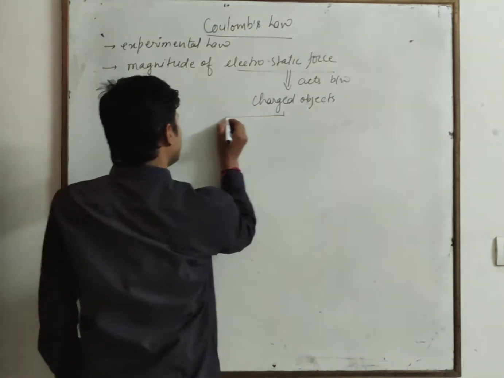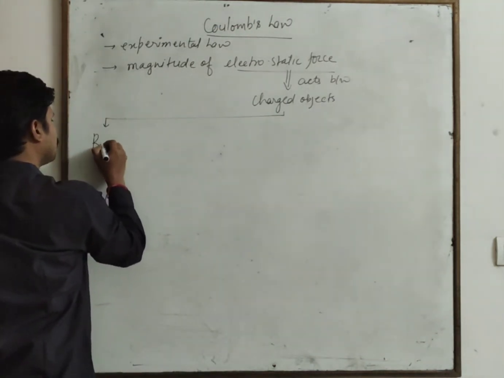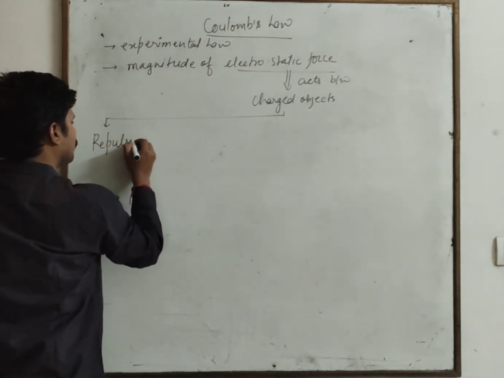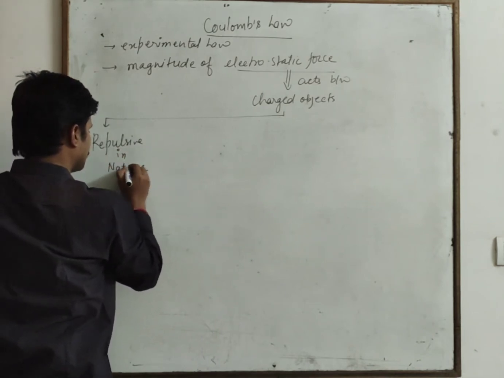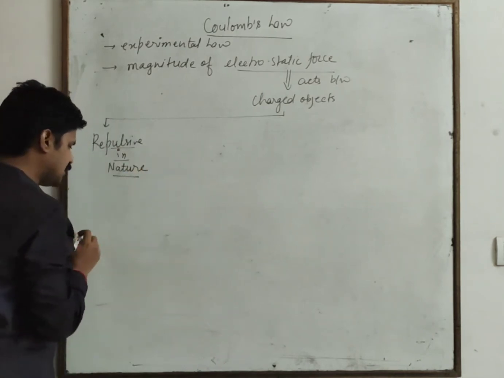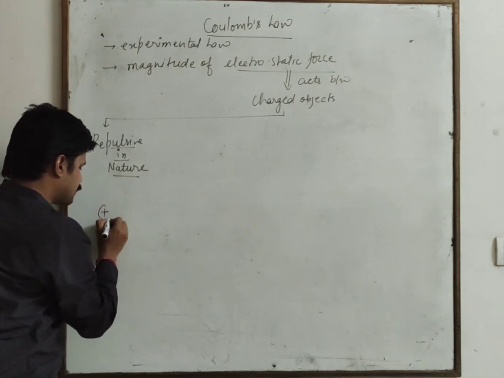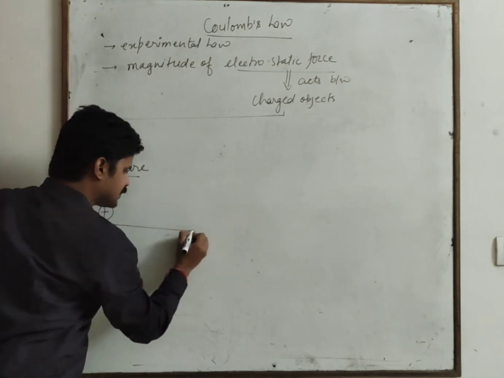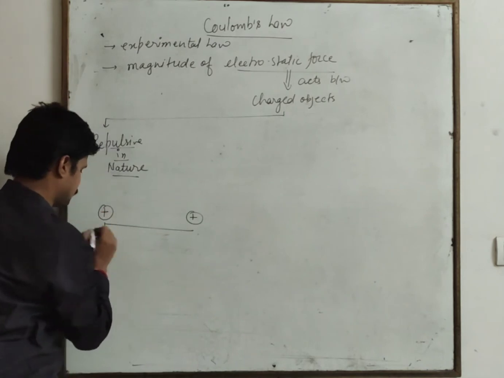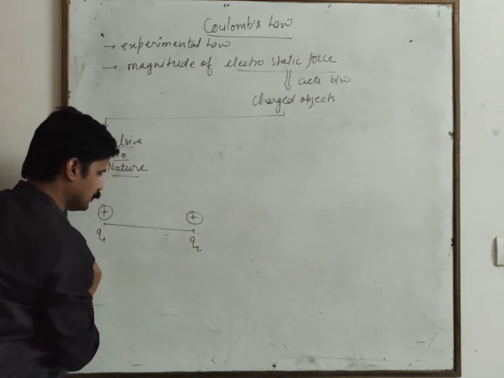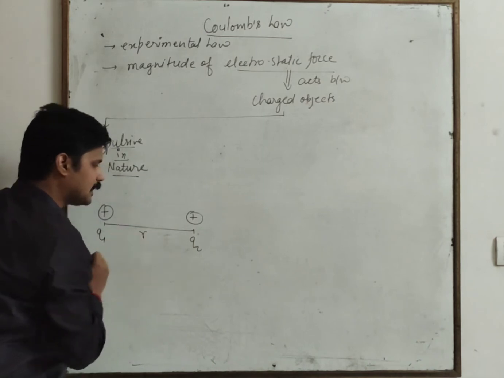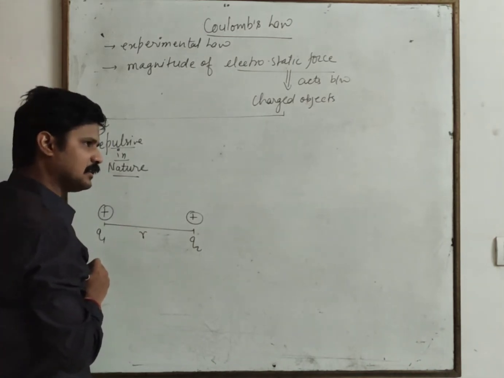It may be repulsive in nature if the charges are like charges, Q1 and Q2, which are separated by a distance r.